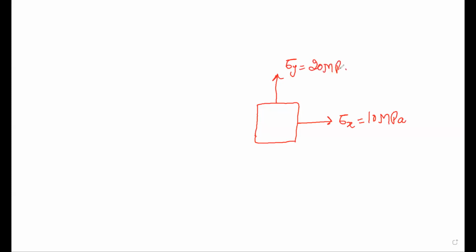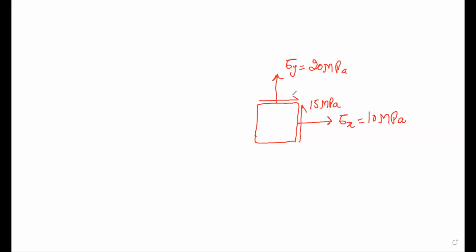If we have an element like this, it is subjected to sigma x equal to 10 megapascal, sigma y equal to 20 megapascal, and the shear stress on the two faces is, for example, 15 megapascal tau xy, and here also 15 megapascal.